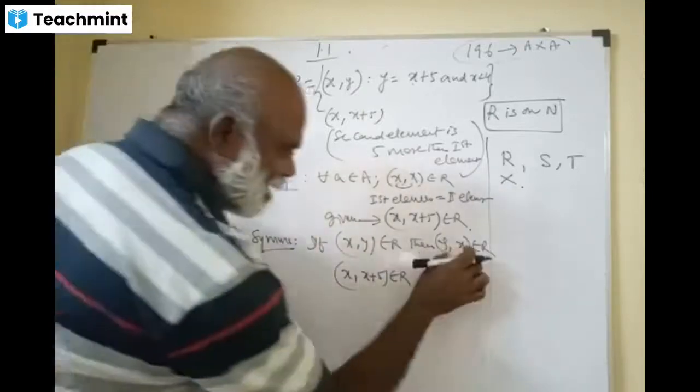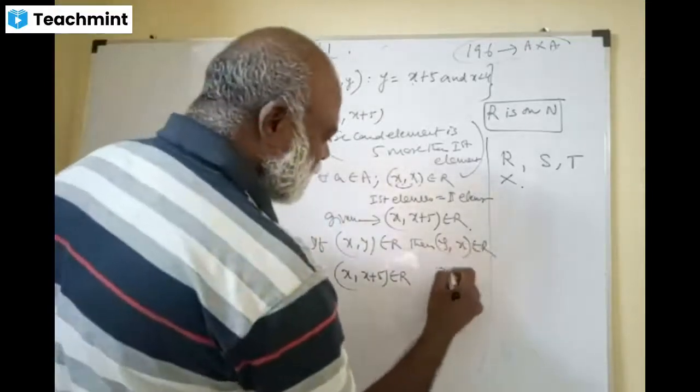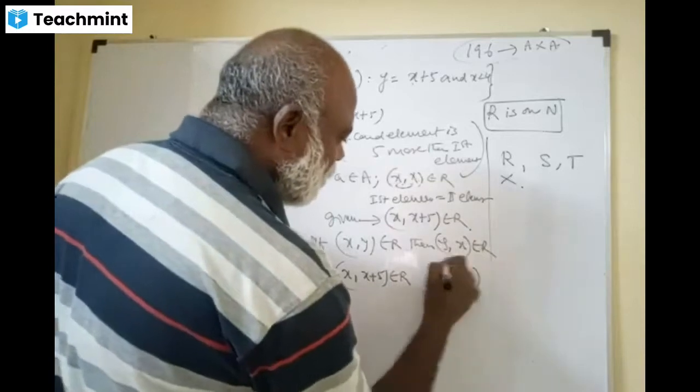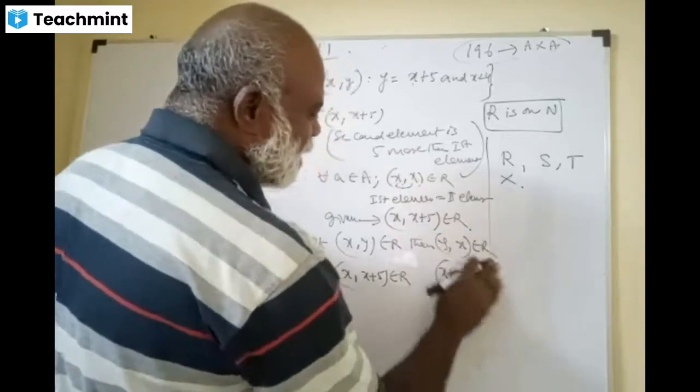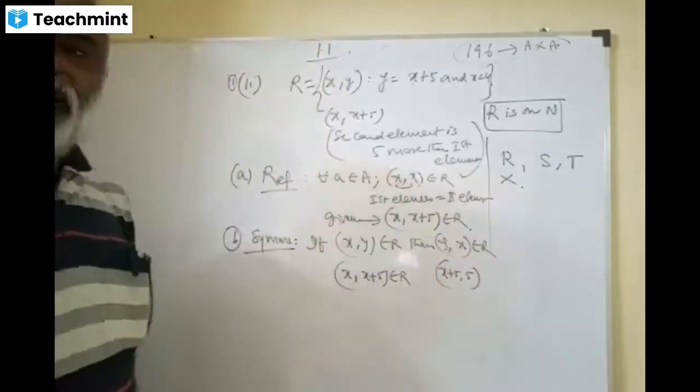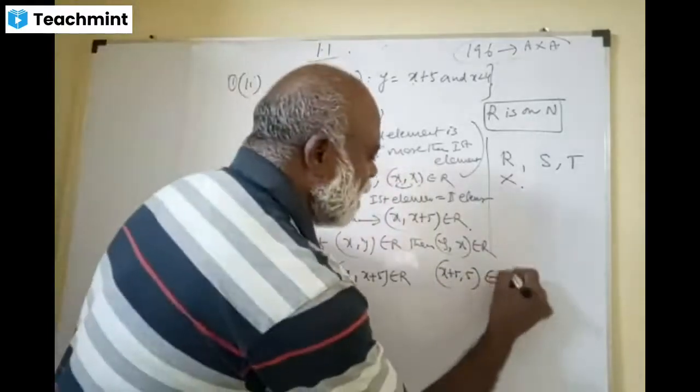But in the second attempt, will x plus 5 comma x belong to R? Pavitra, tell me. Does it belong to R, or does it not belong to R?